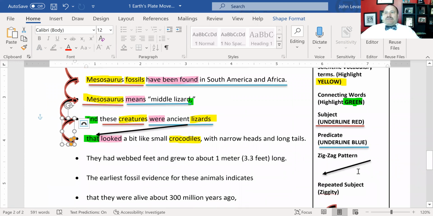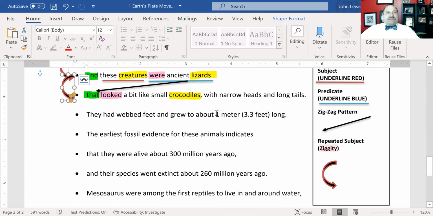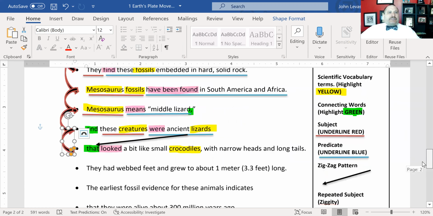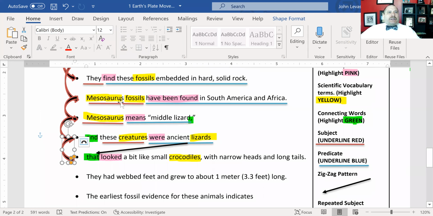And we have the zigzag pattern. We end one clause, some piece of information in the predicate becomes the subject of the next clause. That's the zigzag pattern. And sometimes we repeat the pattern. We repeat the topic. For example, Mesosaurus is repeated here, Mesosaurus.